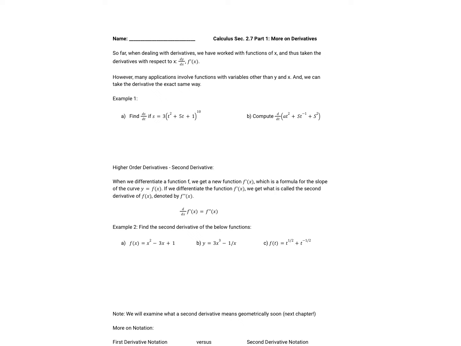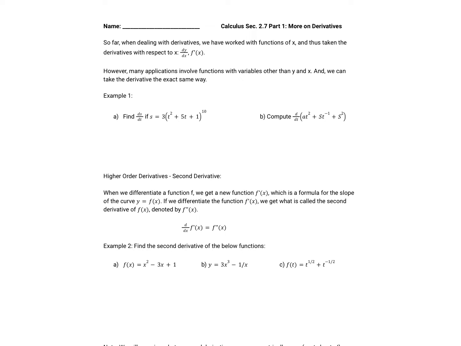Instead of using y and x, we're using s and t, which you're going to see in 2.8 is a common pair of variables we'll use. So find the derivative of s with respect to t. Doing this general power rule, I notice I have this big piece raised to a power of 10, so I'm going to bring the 10 down in front.